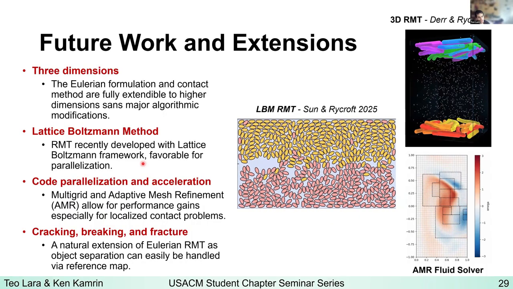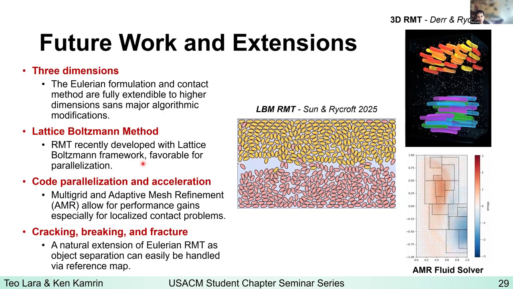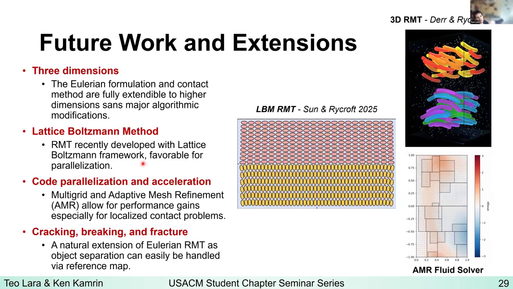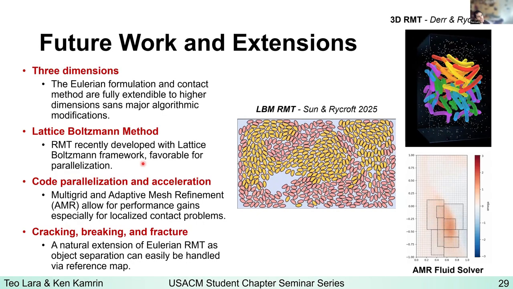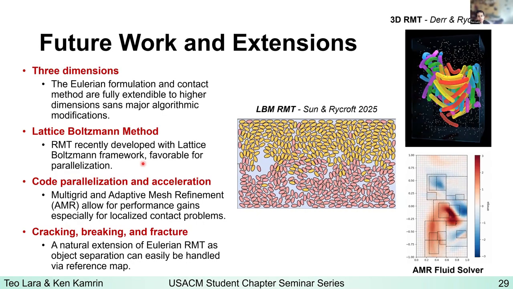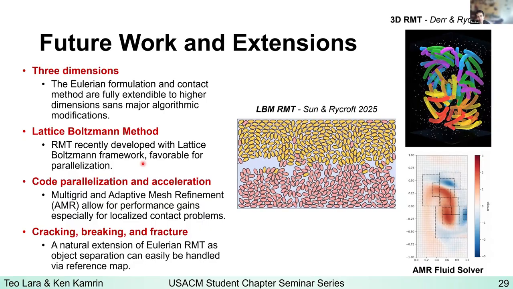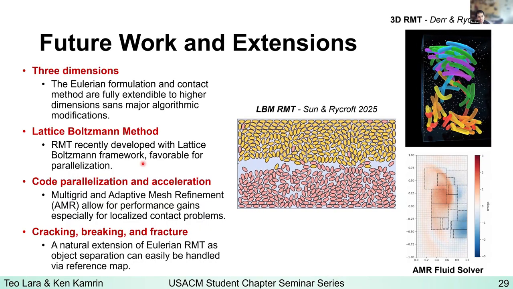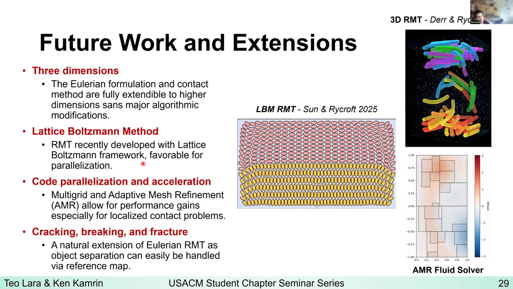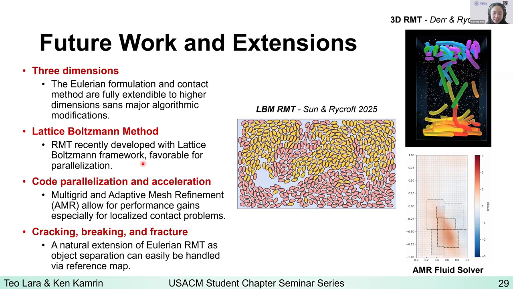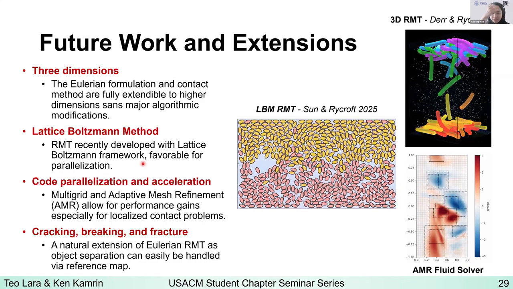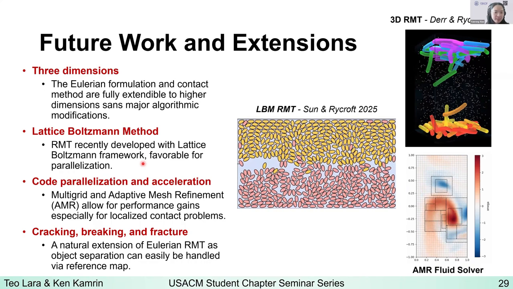You already keep track of the location and deformation of your solid, so just add on temperature dependent solid properties. So I don't think it would be too difficult, because you already have all of this framework telling you where the solids are, where the fluid is. You just solve a heat equation at the same time. Yeah, sounds great. And I think it could be extended to many complicated problems.